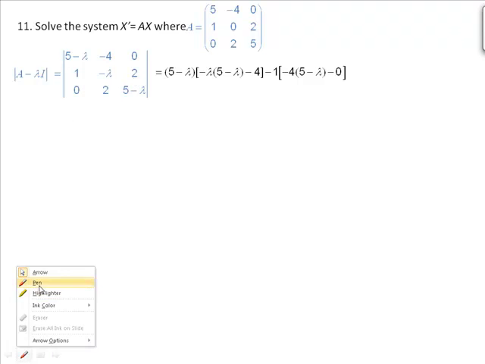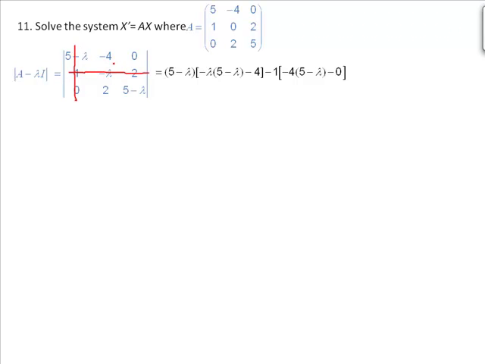Let me cross that out to make it easier to see. After crossing out the second row and first column, that leaves me with negative 4 times 5 minus lambda minus 0, and then plus 0 times the matrix that I would have up in the upper right. But 0 times anything is 0.